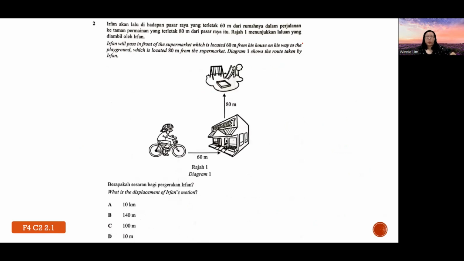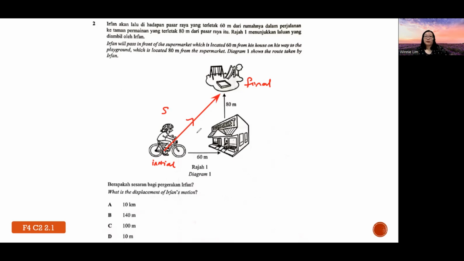Displacement is the shortest pathway between two locations in a specific direction. So this is the initial point where Irfan starts his journey, and this is the final point. The shortest path is from the initial point straight to the final point, and this is the displacement of Irfan.